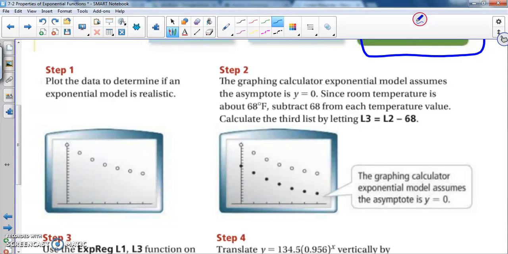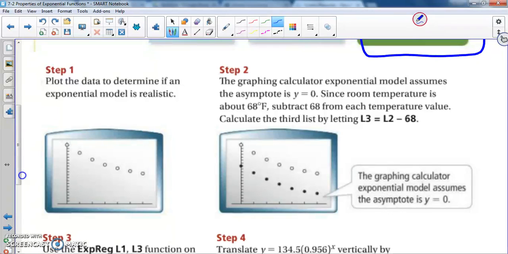So we would plot our data into our table, and determine if an exponential model is realistic. We can determine this because we see our data points going down in an exponential way. The graphing calculator exponential model assumes the y asymptote is y equals 0.